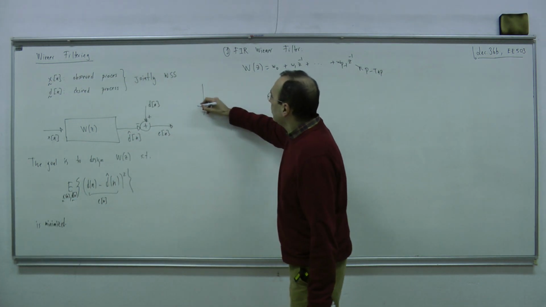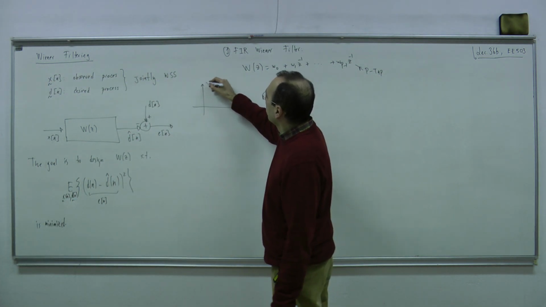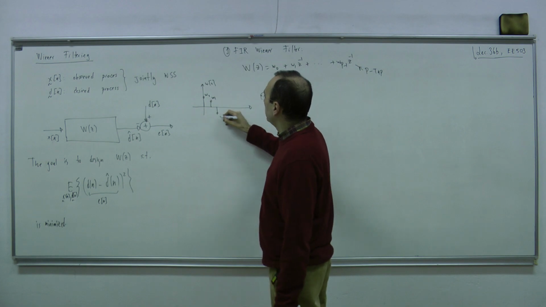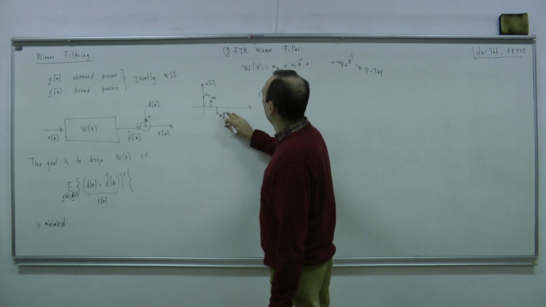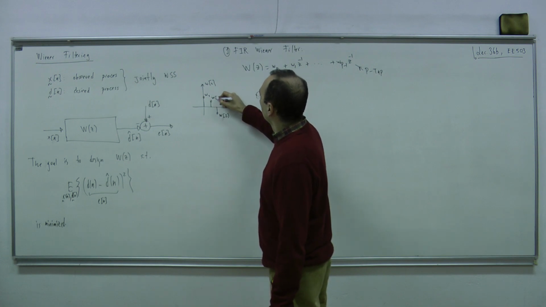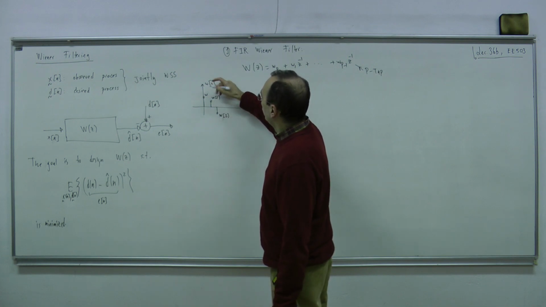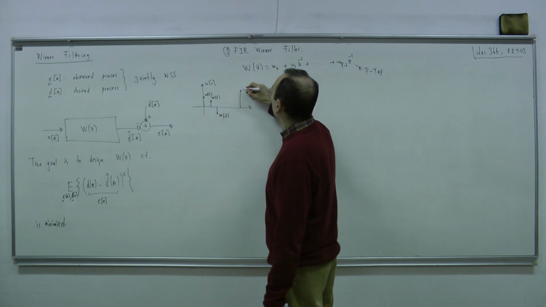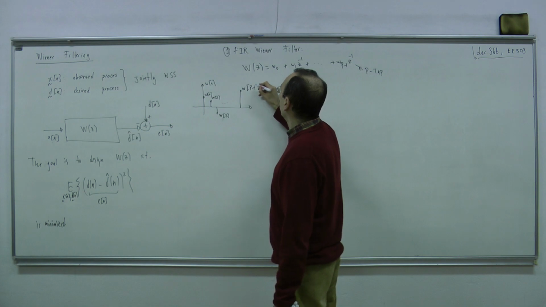And if I sketch this impulse response of this filter, W of n, so I get W0, W1, maybe this is negative, W2. Let me write this one like this. W0. This goes like this up to, let's say, W P minus 1.